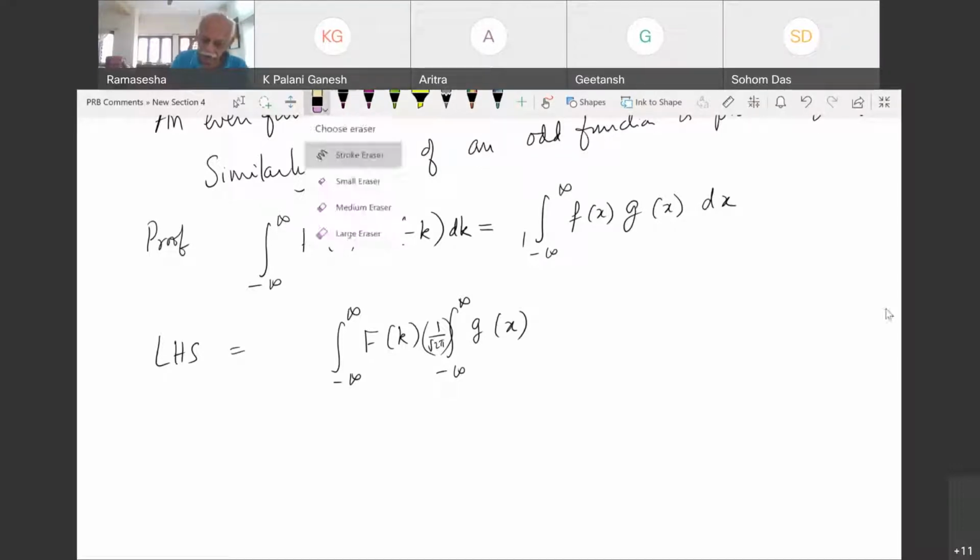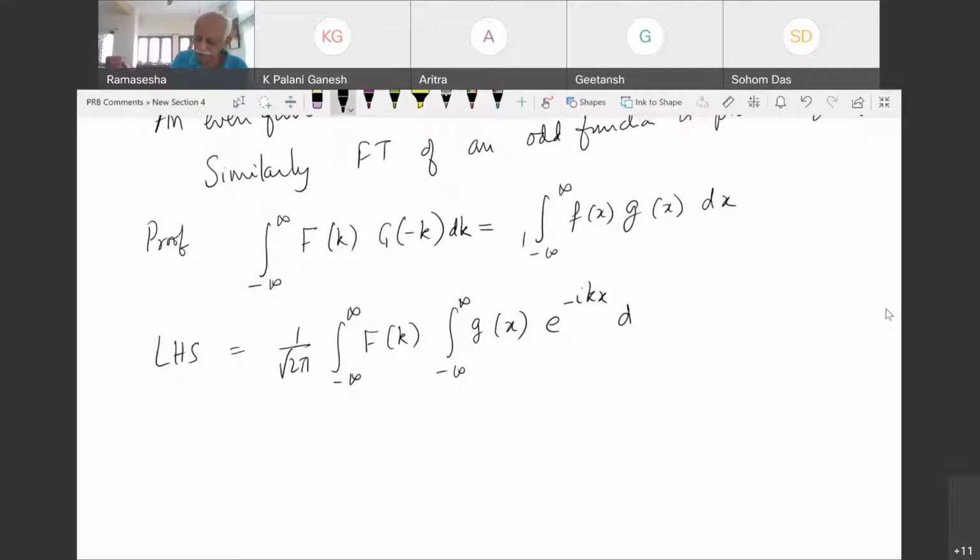We'll take it outside: the integral of g of x e to the minus ikx dx.